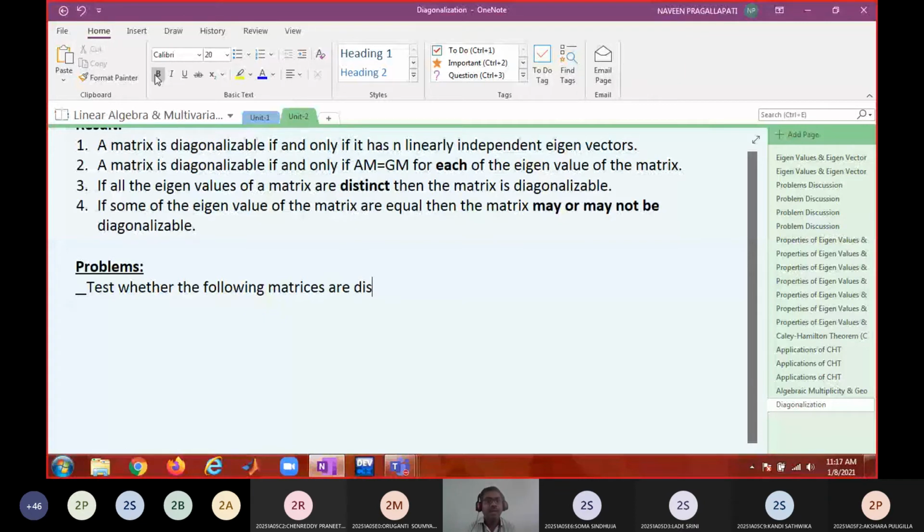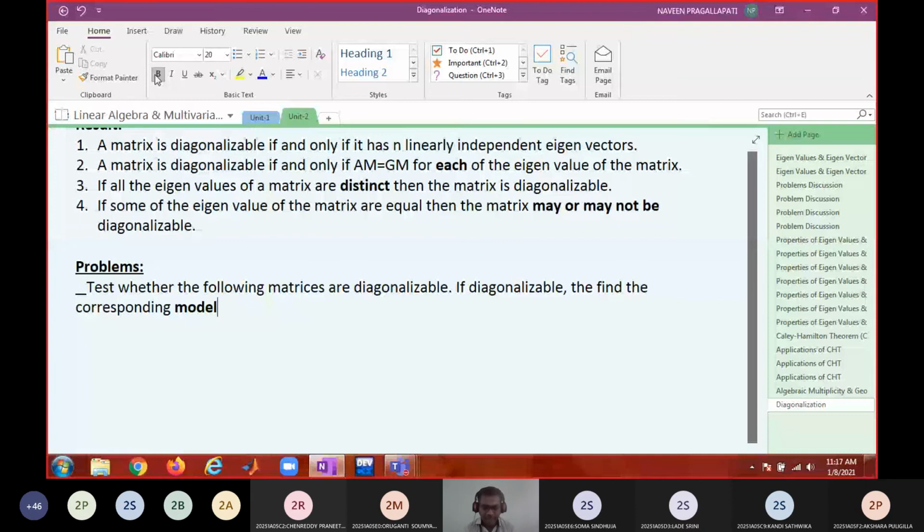If diagonalizable, then find the corresponding model and spectral matrices.